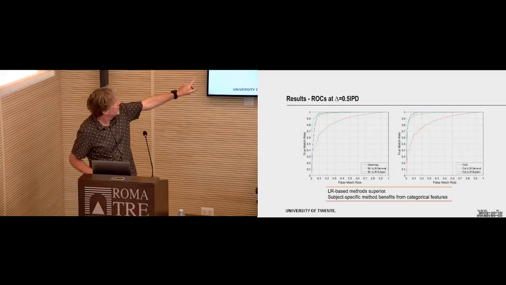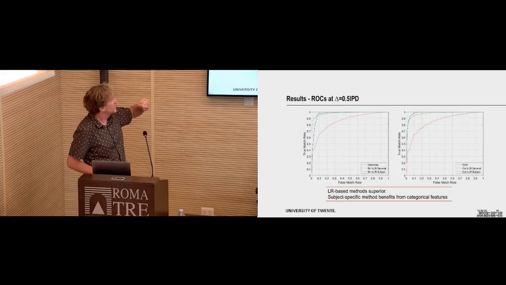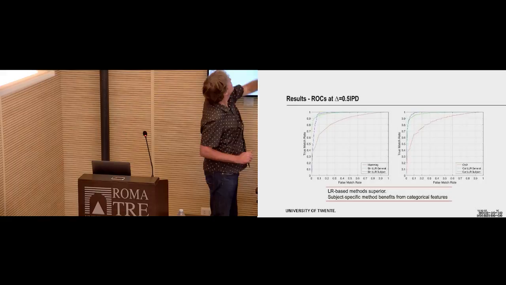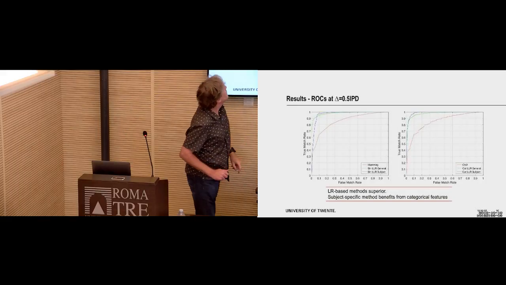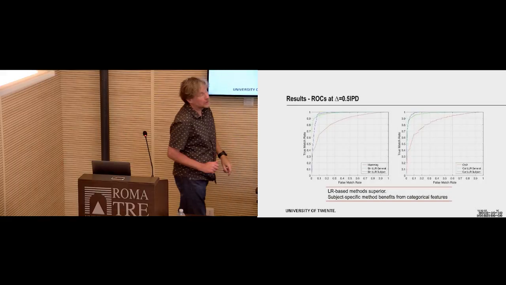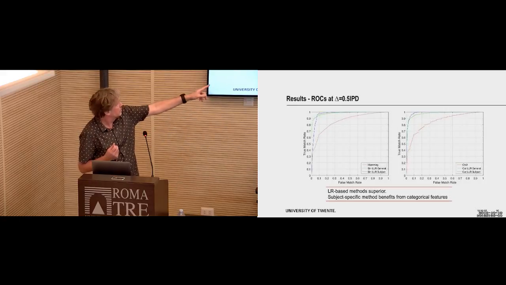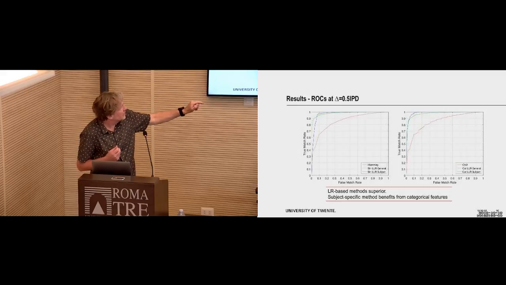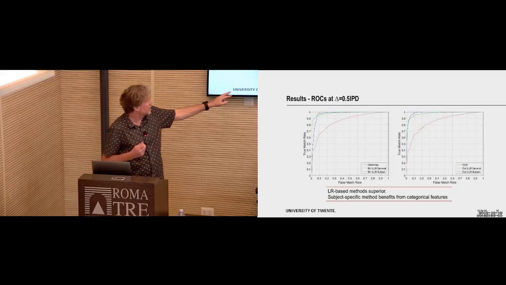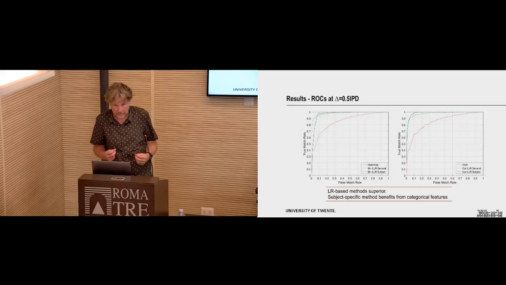Hamming distance is performing quite poorly, but we see that the binary ones are doing a reasonable job, and especially at a certain point, the subject-specific one becomes the better one. If we look at the more elaborate cases of the categorical ones and the chi-square, we see somewhat better behavior, and actually always that the subject-specific method benefits from that.